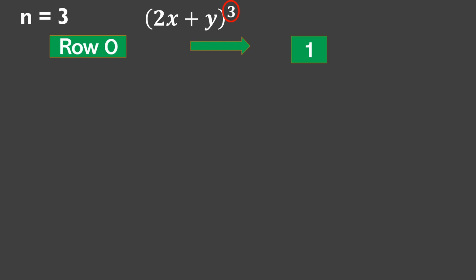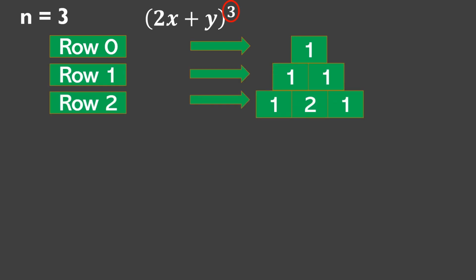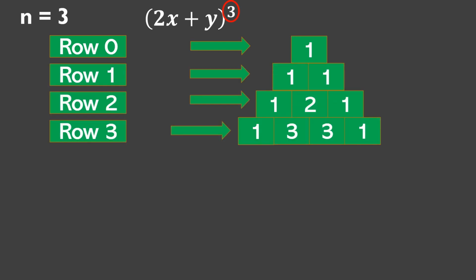Now, we have 2x plus y raised to the power of 3. Remember we said the exponent is 3, or we can call it the power. So n is equal to 3. So we'll be using the Pascal's triangle.